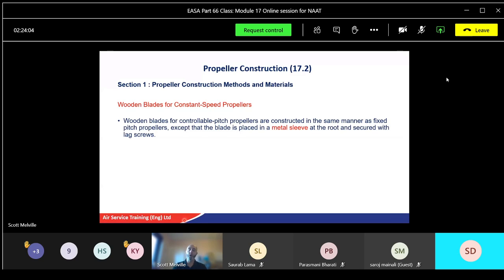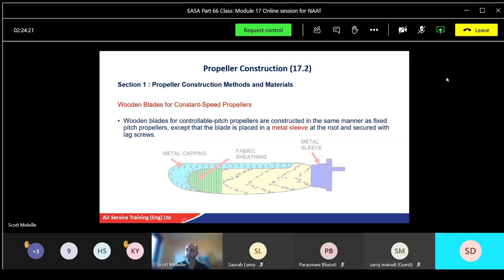Now, wooden blades for constant speed propellers. Wooden blades for controllable pitch propellers are constructed in the same manner as fixed pitch propellers, except that the blade is placed in what's called a metal sleeve at the root and secured with lag screws. So there's your whole metal propeller.